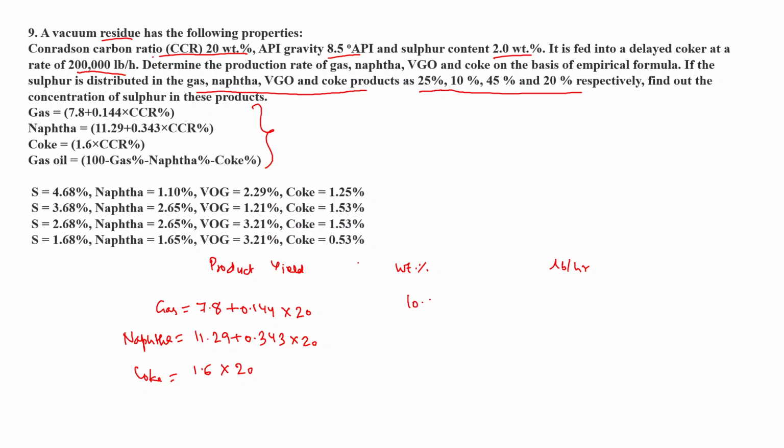So here we will be getting 10.68, 18.15, and 32. And for gas it will be 100 minus these three, so 100 minus 10.68 minus 18.15 minus 32. So we will be getting 39.17.